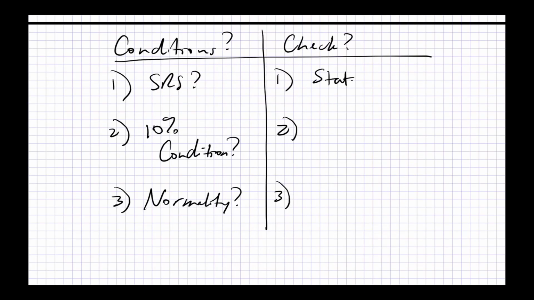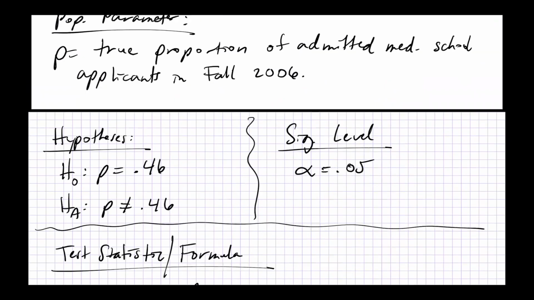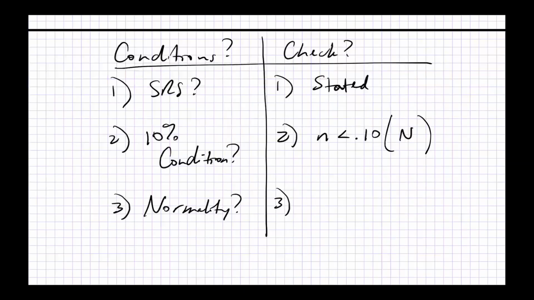So we can say stated. 10% condition: n is less than 10% of big N. So we said small n was 180.